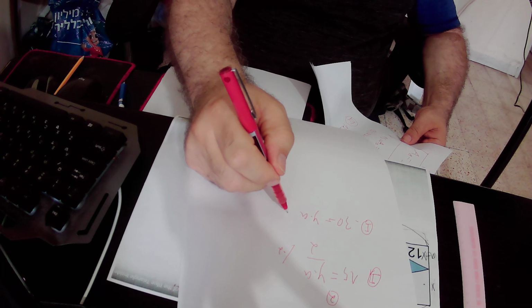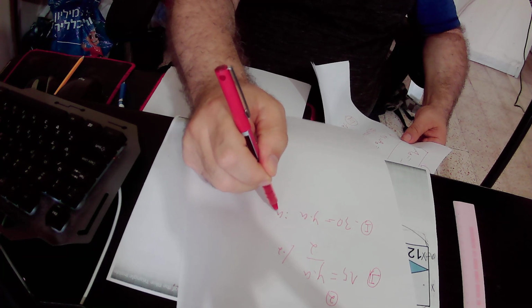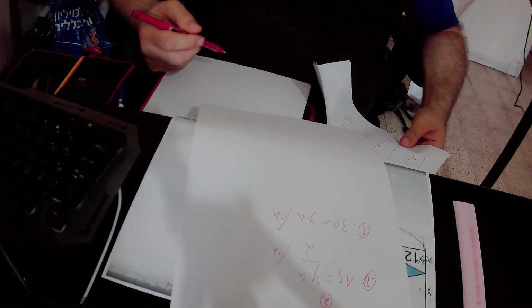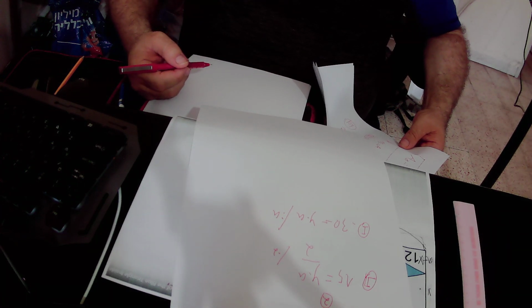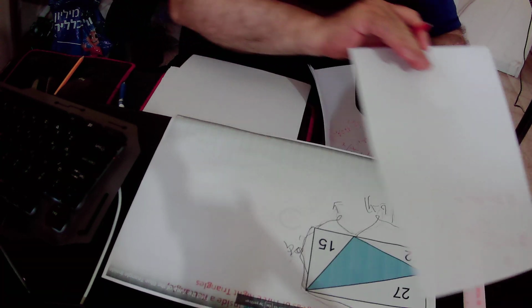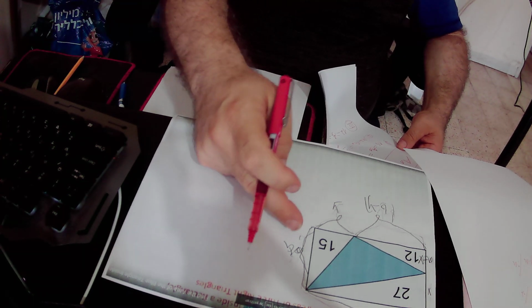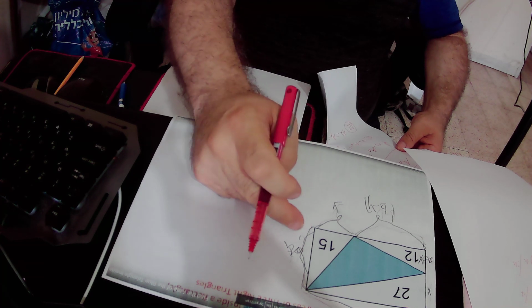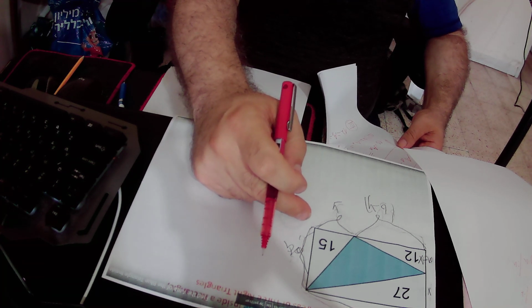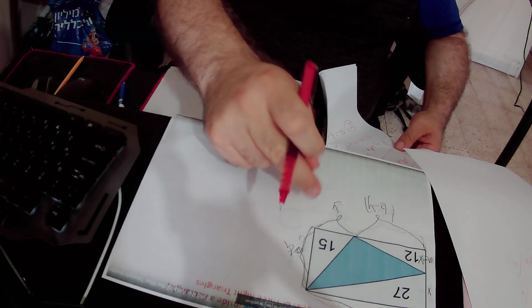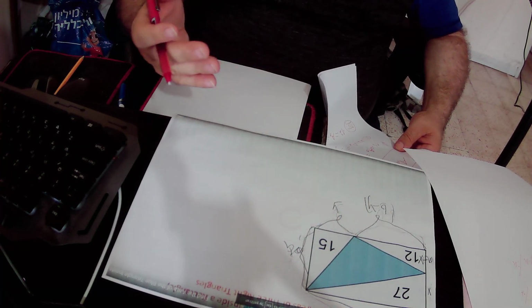Now we can divide both sides of the equation by a, because a is the length of a side of the rectangle, as you can see here. A is the width of this rectangle, so it will never be 0.